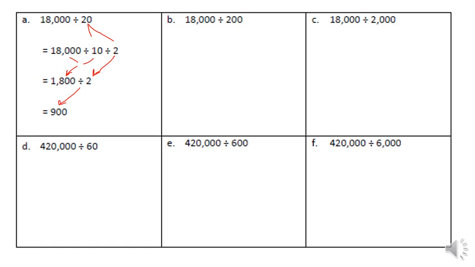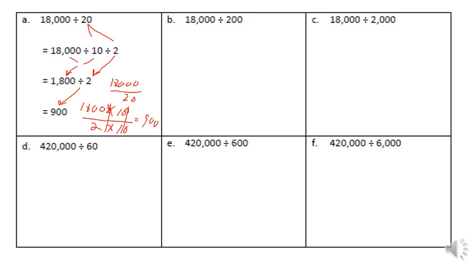Well, let's see how this stacks up to the one we've been using. If I have 18,000 divided by 20, now I'm going to take the 0 out. So now I have 1800 times 10 over 2 times 10. Line out the common ones, so I have 1800 divided by 2, which equals 900.